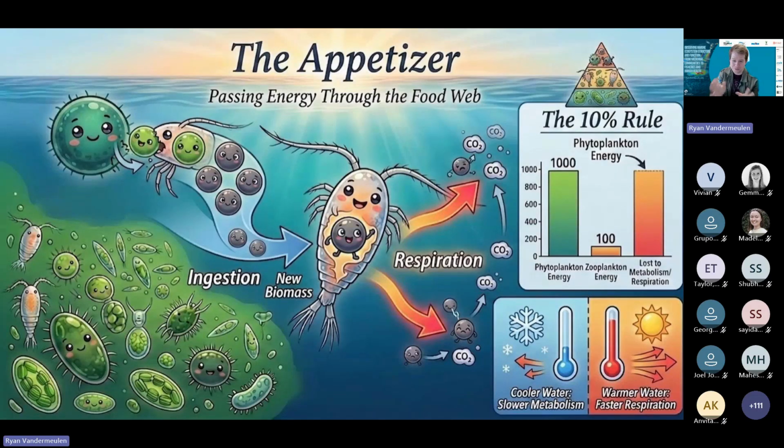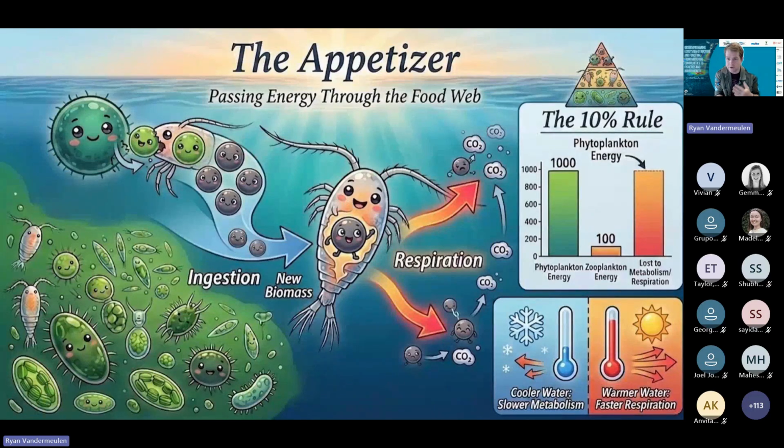To complicate things further, the efficiency of this transfer is not fixed. And here's where the environment really matters. In colder waters, metabolic rates tend to be lower, so organisms snacking on phytoplankton might not require as much energy for maintenance, which allows for a greater fraction of consumed carbon to be allocated towards growth and reproduction.